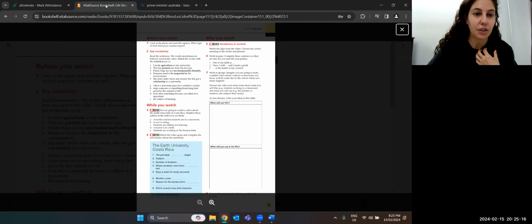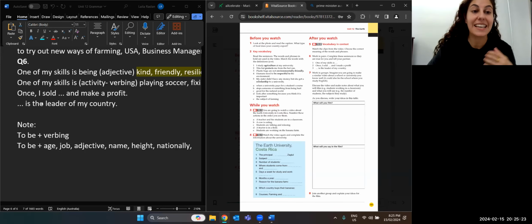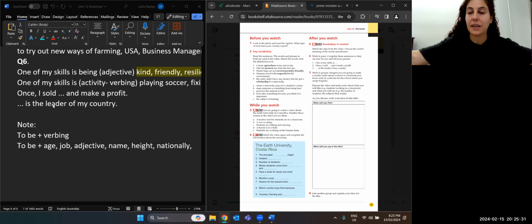So who is it for you? All you need to do is just add the name. So Anthony Albanese is the leader of my country. That's my sentence. Remember, leader means that they will get people to follow them. They're like in control of something. They're in control of the government, or they make decisions.